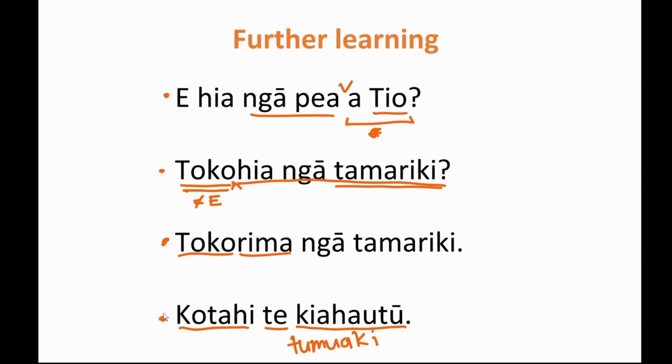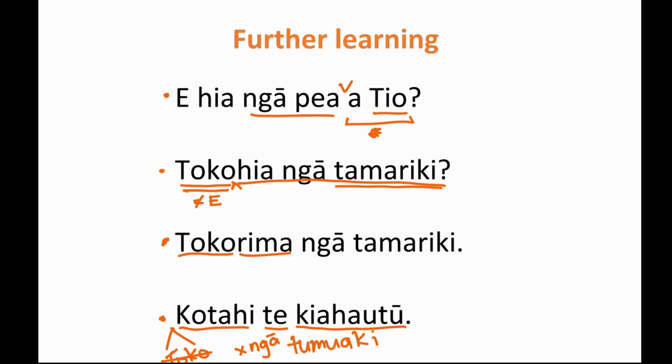However, the reason why I put this down is because just like one of the examples above where there was only one cow, here you do the same thing by dropping toko. You drop toko as a particle because there's only one. So you'd say kotahi te. Because there's only one, you do not use ngā.